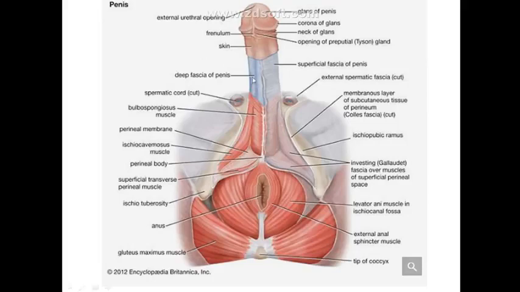The free part of the penis, or the movable part of the penis, which is called the body of the penis, is formed by continuation of the erectile tissue of the crura and the erectile tissue of the bulb. The continuation, as I said, is in a region below the pubic arch, below the pubic symphysis.